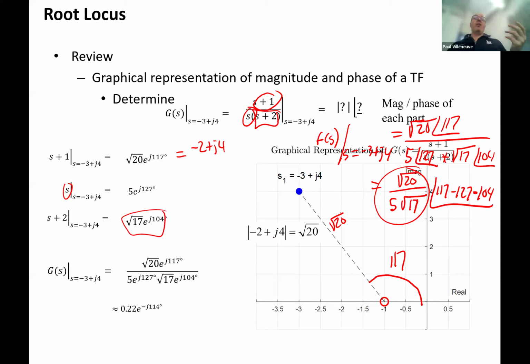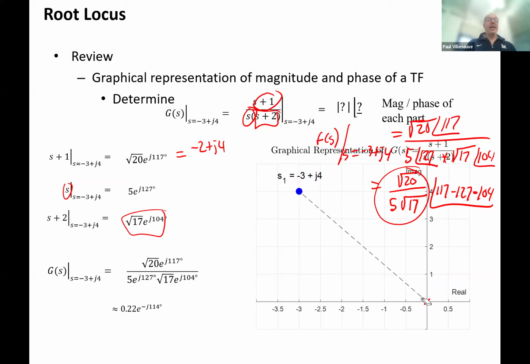I can certainly do it this way, right? I can do the hypotenuse, the magnitude of the -2 plus J4. That's just doing it the brute force way. I don't necessarily need to do that. Now let me erase this. I'm going to get the magnitude and angle from -3 plus J4 to that very first pole that I have.